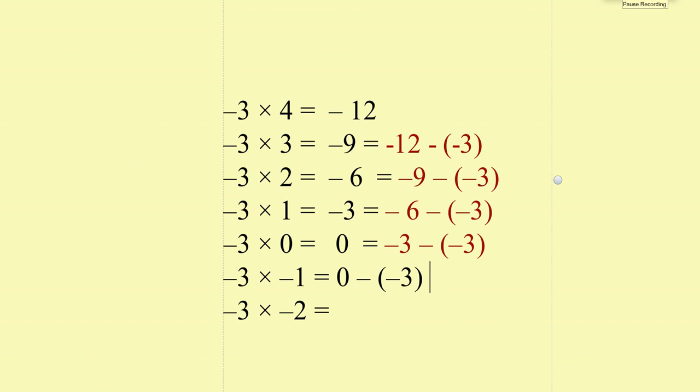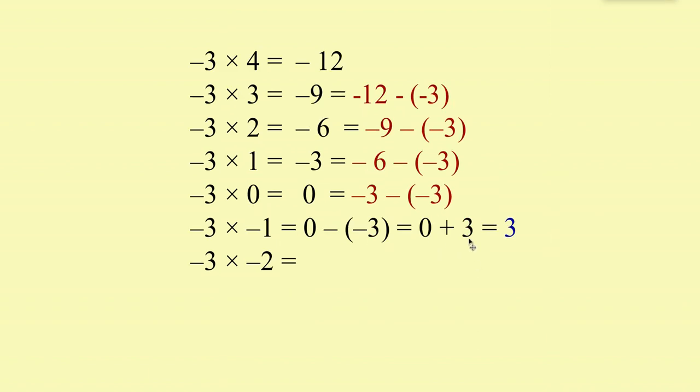What is 0 minus negative 3? To subtract, you have to add the additive inverse. So this we can write as 0 plus 3, that is 3. Now, how do you get negative 3 into negative 2? Here you got answer 3. You subtract negative 3 from 3.